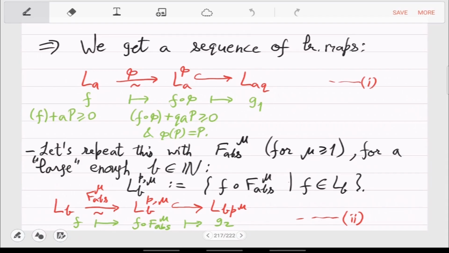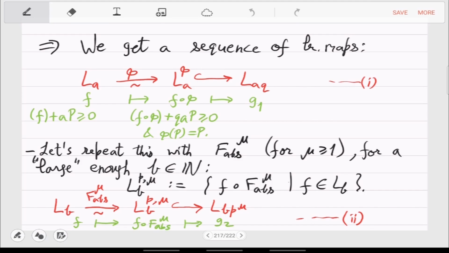It is just F composed with the morphism. F comes from L(BP). Remember that if this F has a pole, it can only be at the point P. It cannot have any other poles. So we are focusing on really the outside, the germs at the point P. And we have these injections.